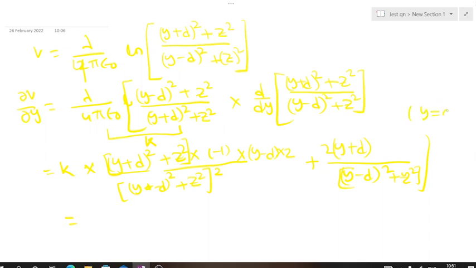As y is equal to 0 plane, there we have to find the surface charge, so put all this y equal to 0. Our final answer will be lambda by 4 pi epsilon naught into 4.